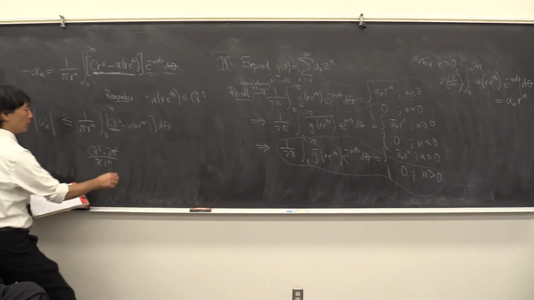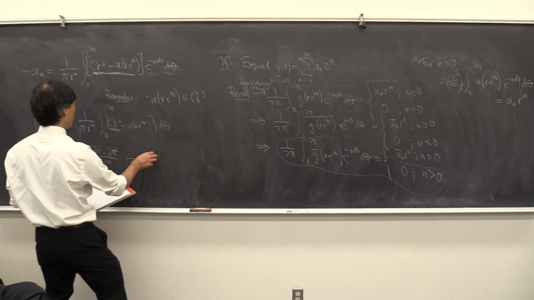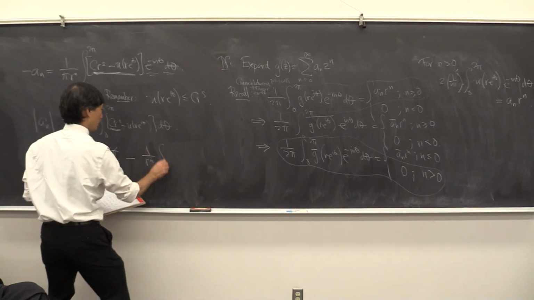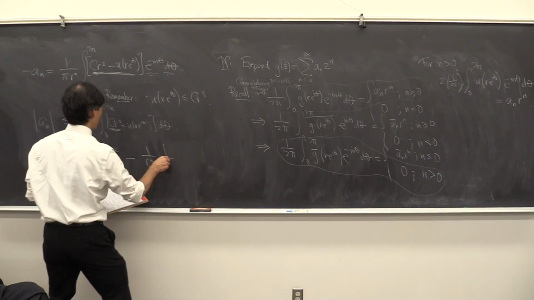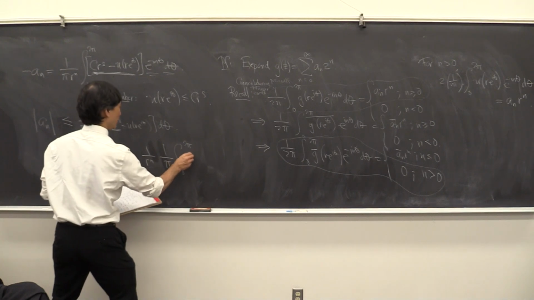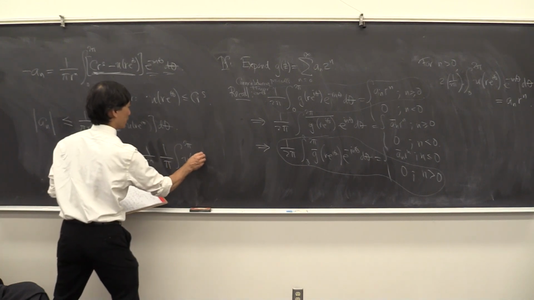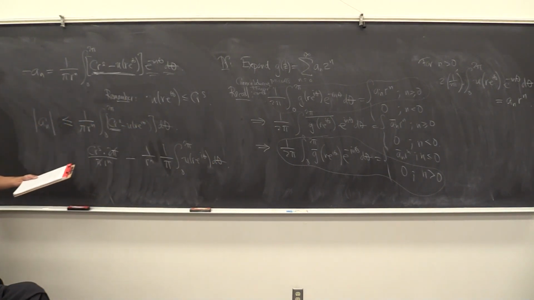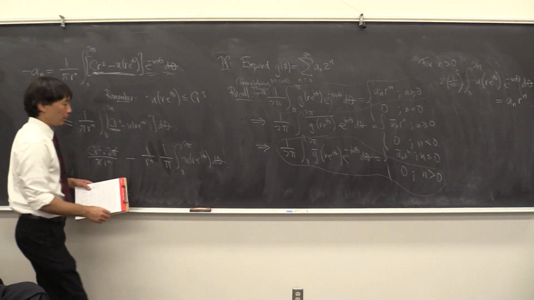We also end up with a 1 over R^n, 1 over pi integral from here to here, u r e to the i theta d theta.